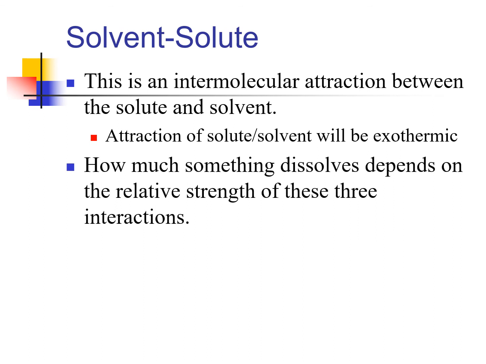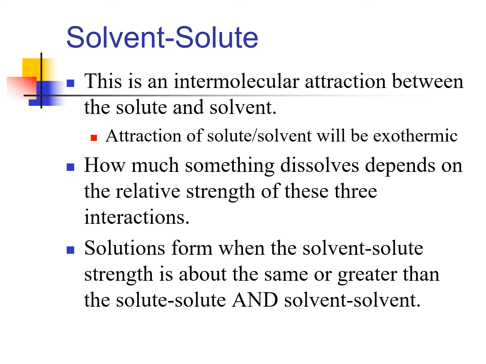Now, how much something dissolves will depend on the relative strength of these three interactions. Solutions will form when the solvent-solute strength is about the same or greater than the solute-solute and solvent-solvent attraction.